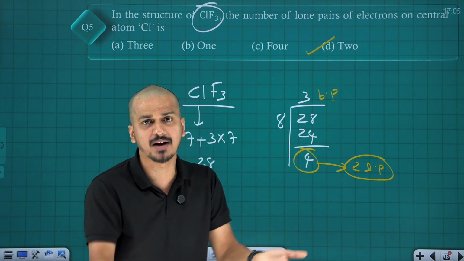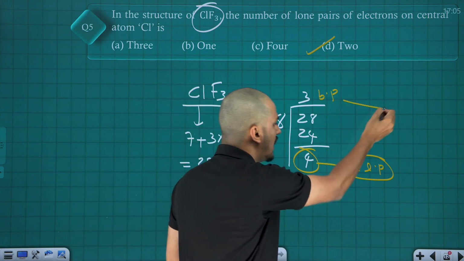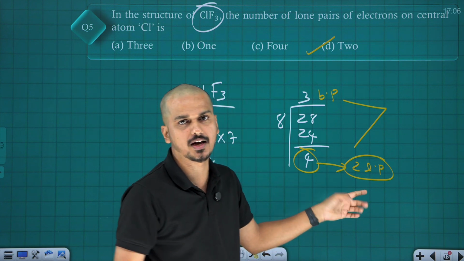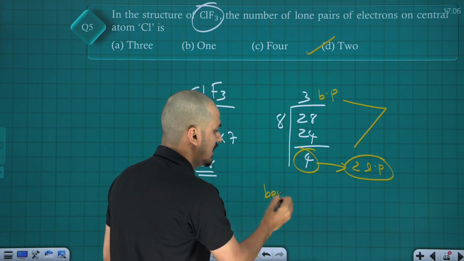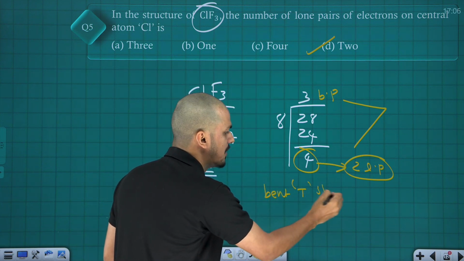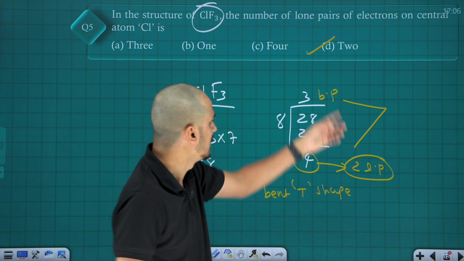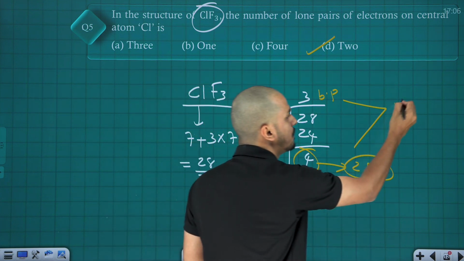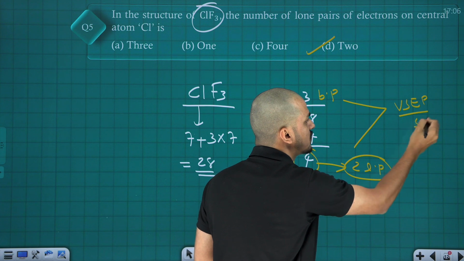If they are asking what's the hybridization, how will I do it? I know 3 bond pair, 2 lone pair. So that is bent T shape, or else T shape. What's the hybridization? 3 plus 2 means that is the VSEPR number.